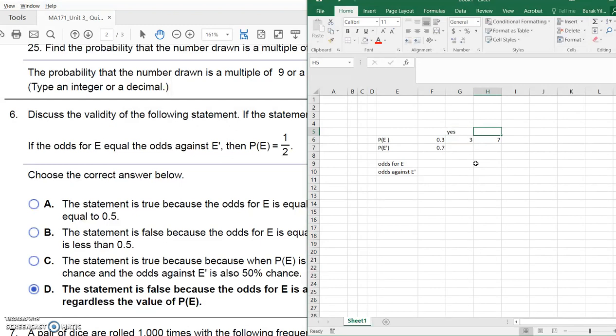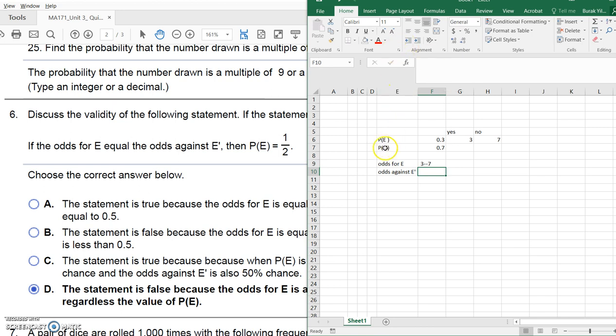So yes is E is happening, no, E is not happening. So odds for E would be 3 to 7.